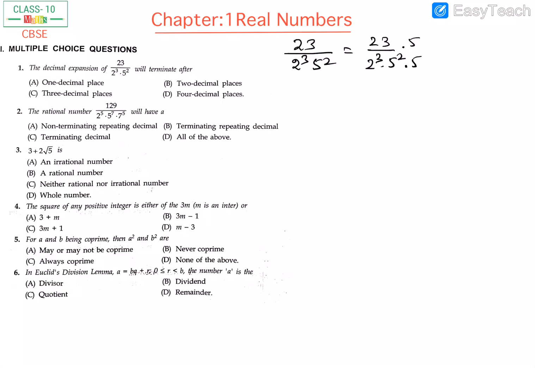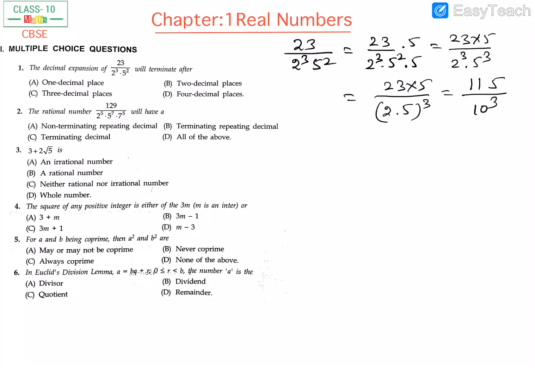I have multiplied the numerator and denominator by 5. So it is 23 into 5, and this is 2 cube into 5 cube, which can further be written as 2 into 5 whole cube. That is 5 3 is 15, 5 2 is 10, 115 by 10 power 3. This is 1000.